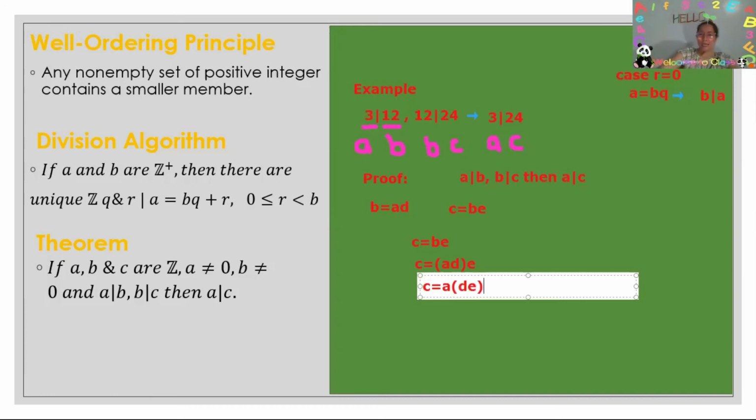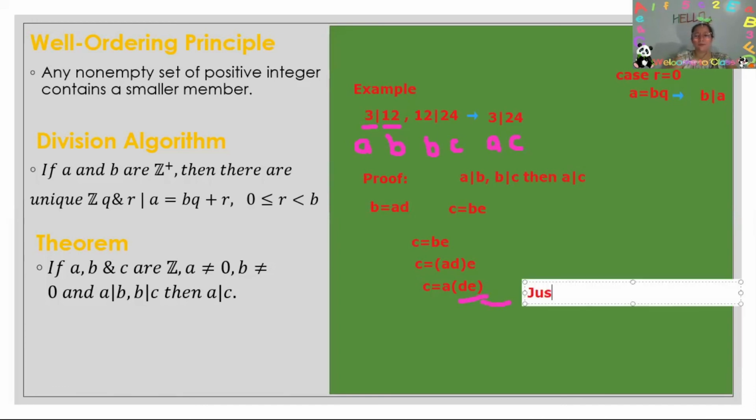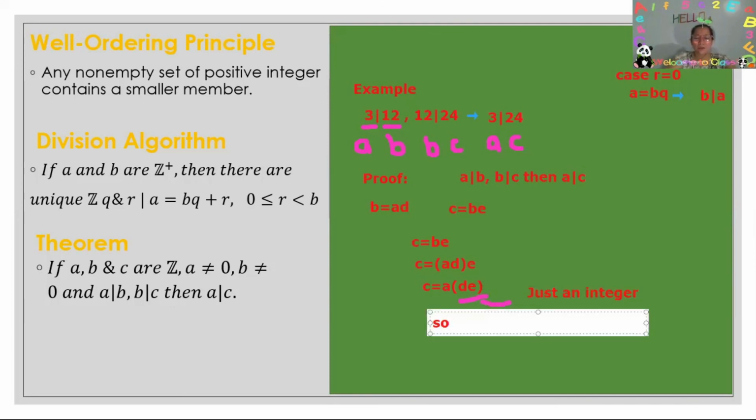The D and E here are just integers. So in this case, we now have A divides C. Did you get the point?